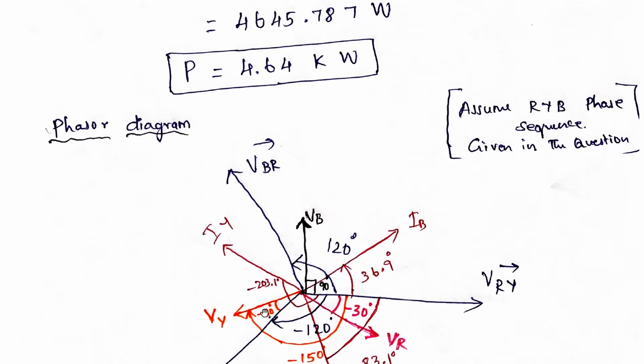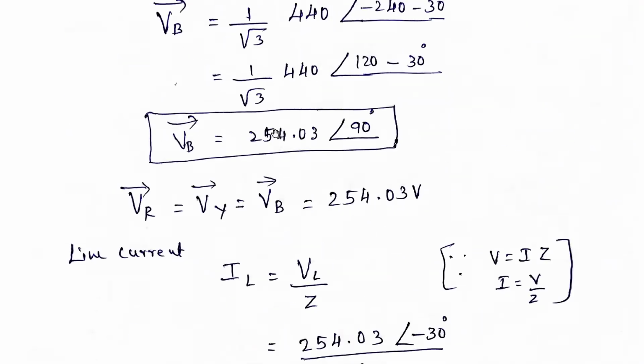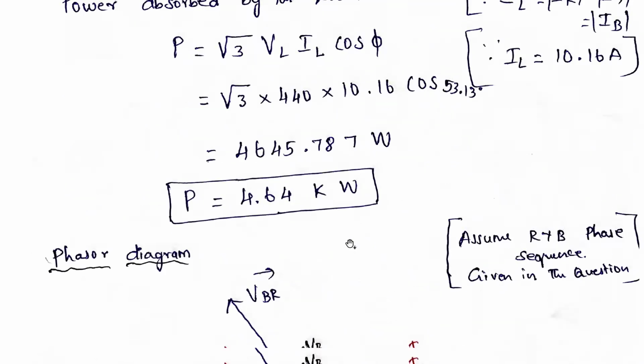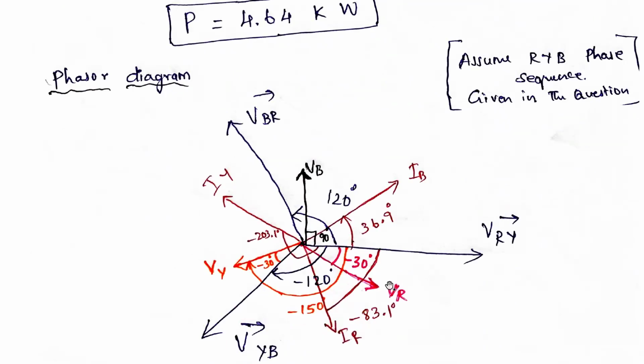The whole angle is minus 150 degree. Next, VB is plus 90 degree, so I am marking VB here, plus 90 degree with respect to the R phase. So now we have marked VR, VY and VB.